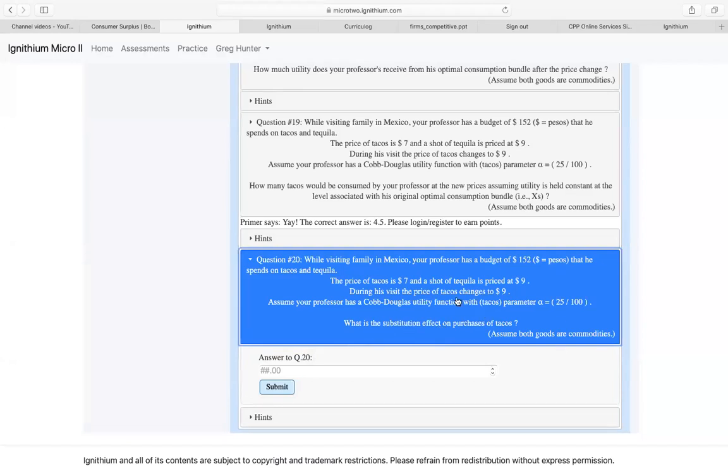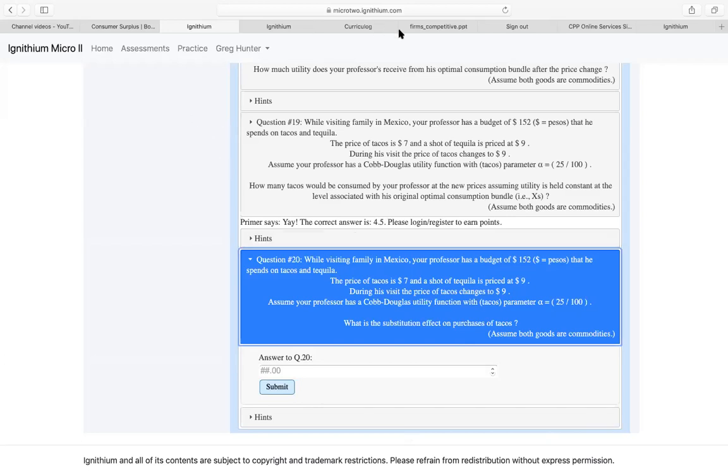If it was going to have you calculate the substitution effect, it would have been that minus 0.93 divided by 2. That's the substitution effect. But what's the substitution effect on the purchase of tacos? How does the substitution effect influence the change in tacos? Well, it causes you to purchase, in this case, less, or 0.93 fewer tacos than before.